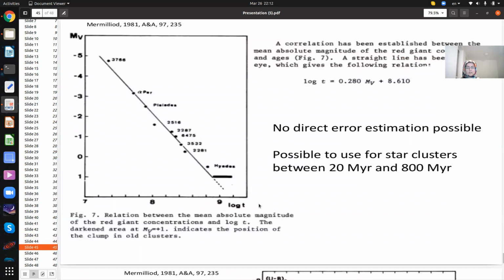Here is the isochrone of the age and visual magnitude. No direct error estimation is possible. It is possible to use for star clusters between 20 million years and 8 million years, which somehow includes the whole range of star clusters.